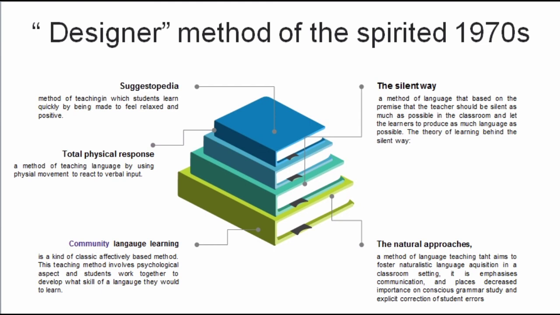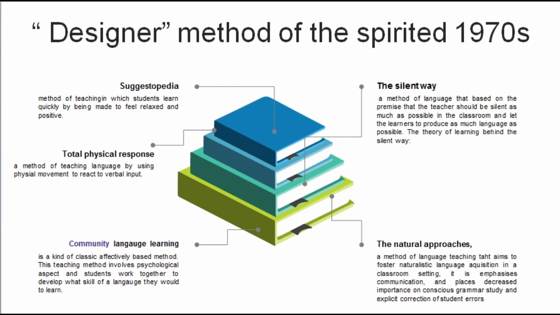And the next is the silent way. The silent way is a method of language teaching based on the premise that the teacher should be silent as much as possible in the classroom and let the learners produce as much language as possible. The next is total physical response. In this method of teaching language, we use physical movement to react to verbal input.